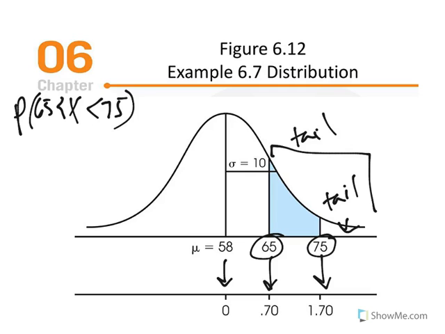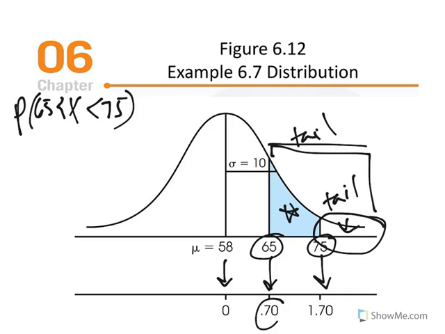So what we could do is find this proportion from here to here, the area above a score of 65 or a speed of 65, and then subtract out the tail for the proportion above speeds of 75, and what will be left over is this area of interest. So let's do that.